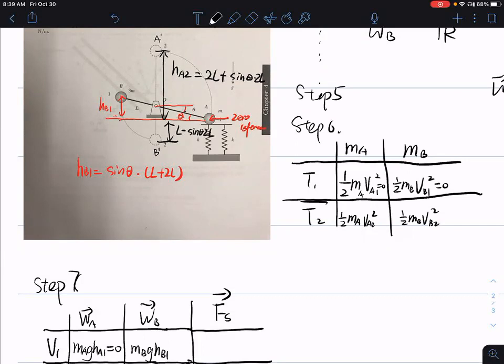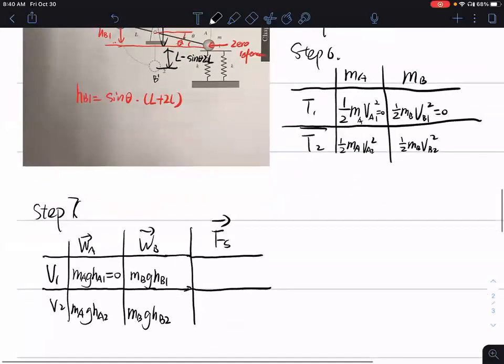Because part of the length of the rod is here, so we need to find this height instead of that height. We need to use L minus the length here. So it's L minus sine theta 2L. There are some height calculations you have to do based on where you set up your reference point. Now we're done with potential energy for A and B.